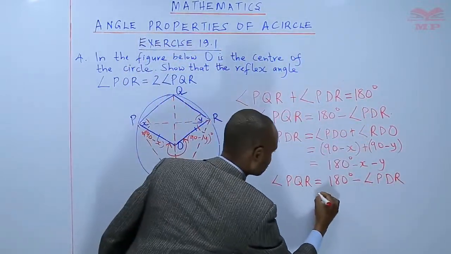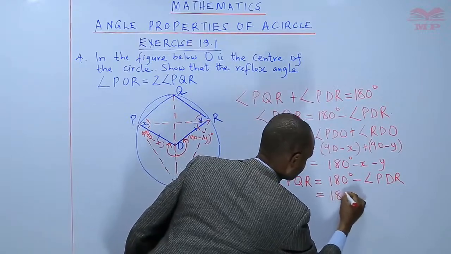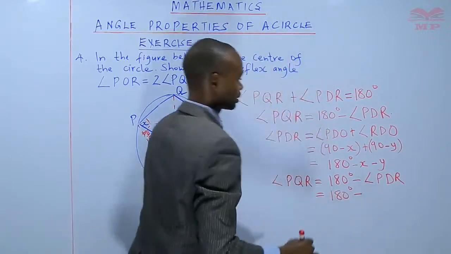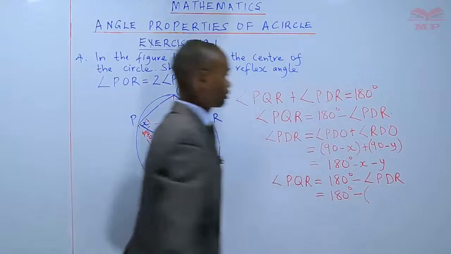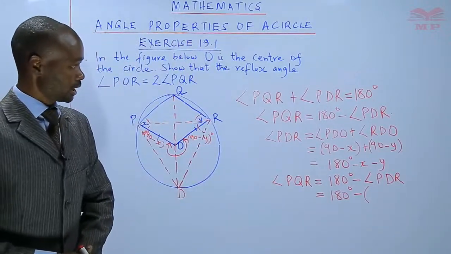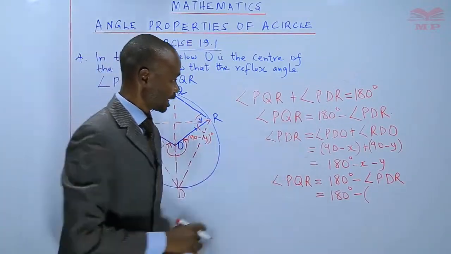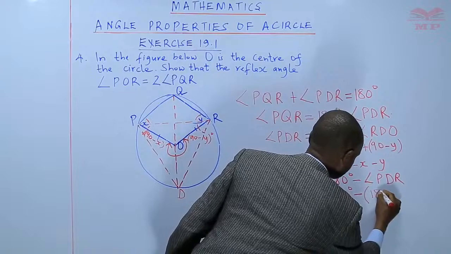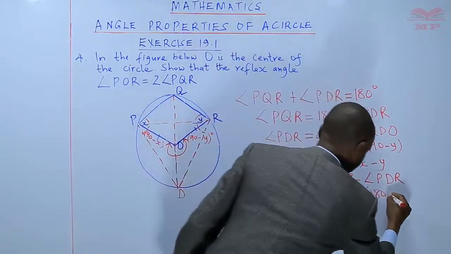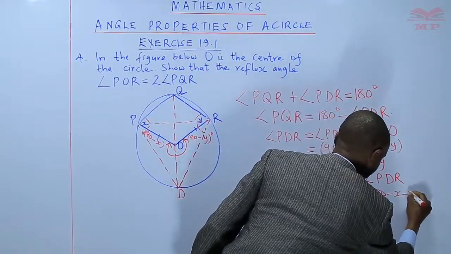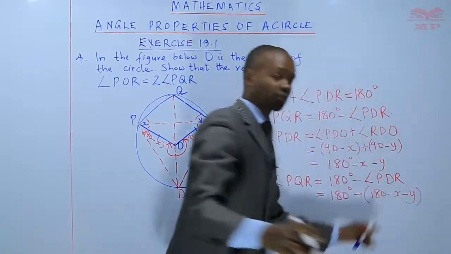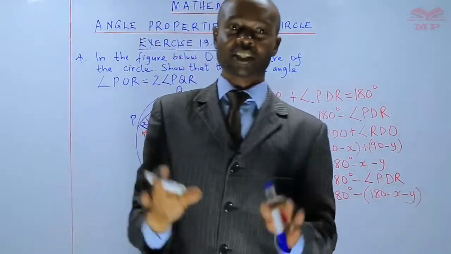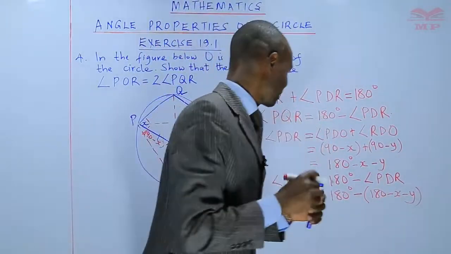So this comes to 180 degrees, put it into brackets because of some computation that will be there, minus PDR, which is 180 minus x minus y. At that point, you have to be very careful when we are opening the brackets.